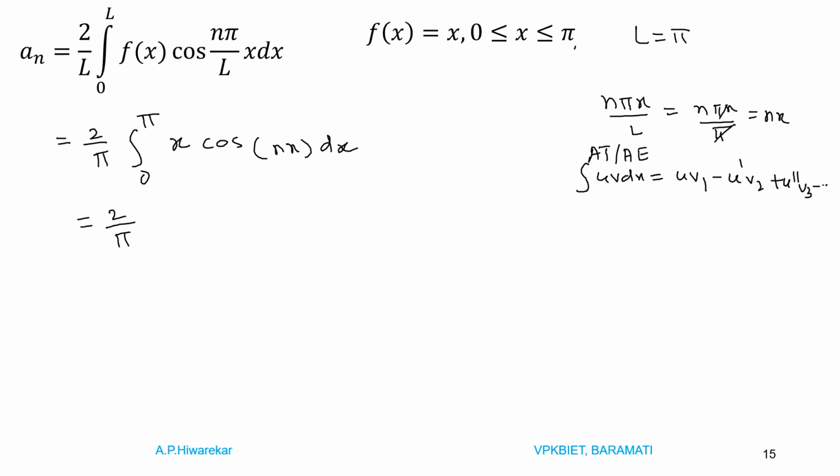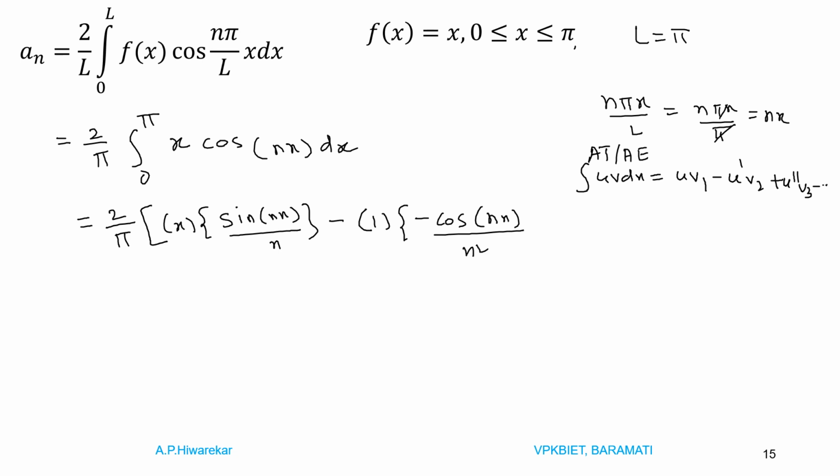So it will be 2 by pi, first function x as it is, integration of cos is sine, so this will be sine nx divided by n, minus derivative of x is 1, integration of sine is minus cos, so this is minus cos nx divided by n square. The next term will not be there because the derivative of 1 is 0.